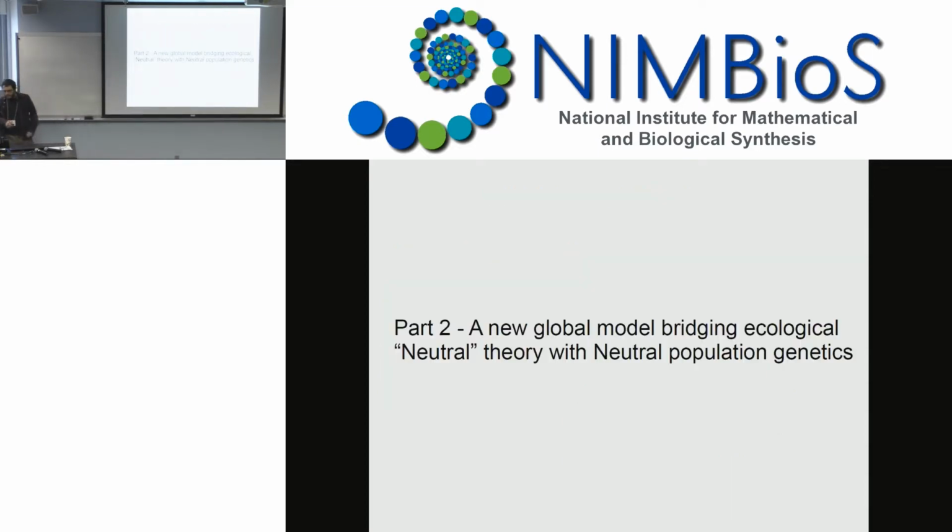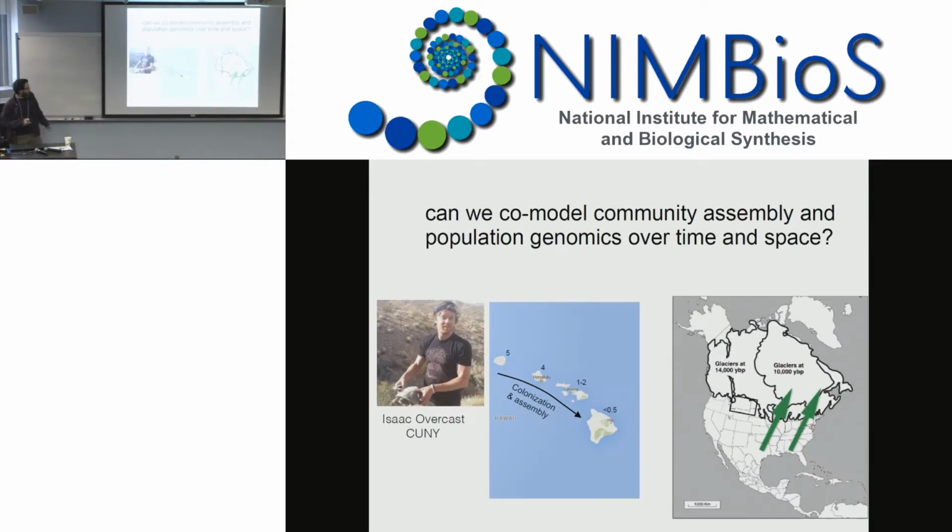Another area that we are getting into right now is a way to bridge ecological neutral theory with neutral population genetics. Again, I'll be very brief here, but this is the work of another PhD student in the lab, Isaac Overcast. This could be geographical community assembly in a context like North America, but also like an island chain, a volcanic island series.